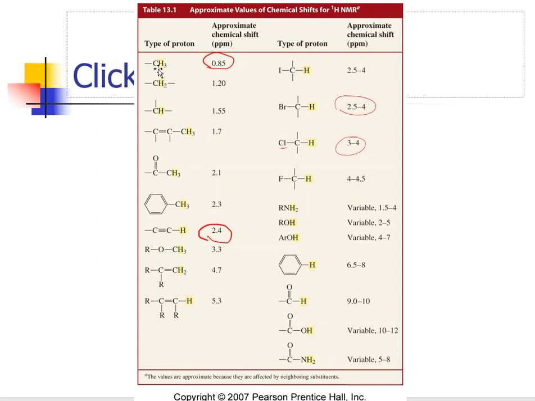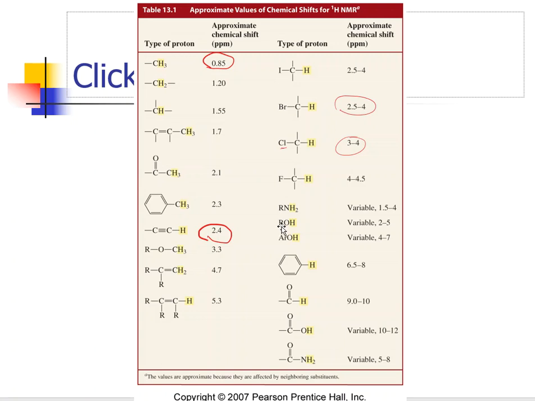So here is a CH3, CH2, CH2, a methyl group off of a double bond. Now here I see a C double bond O, and then off to the side of that is a methyl group, and maybe on the other side is some kind of R. That is a ketone group there, and that looks like it's going to be a 2.1.